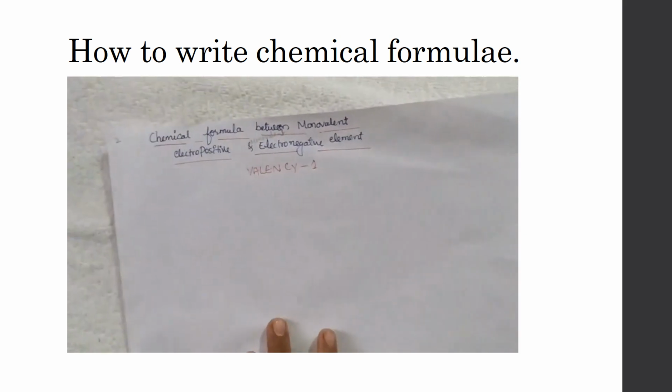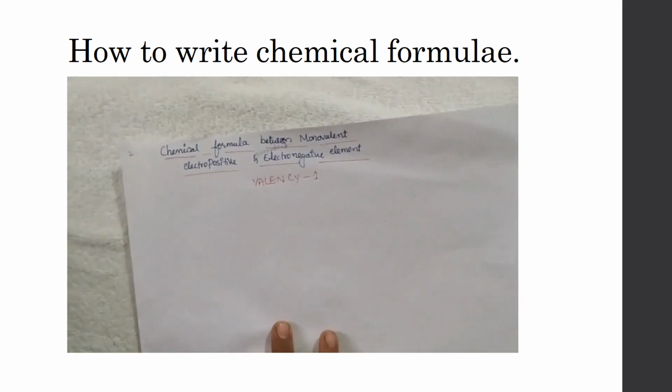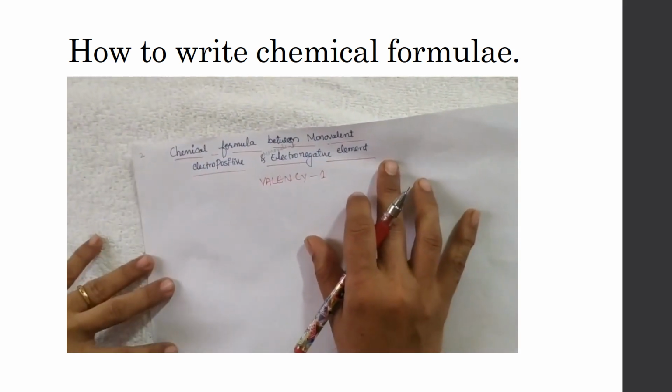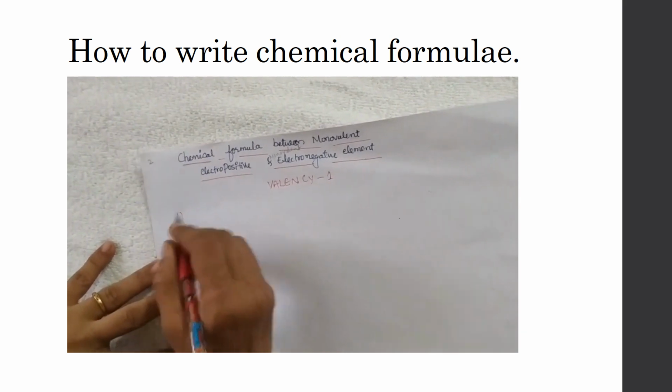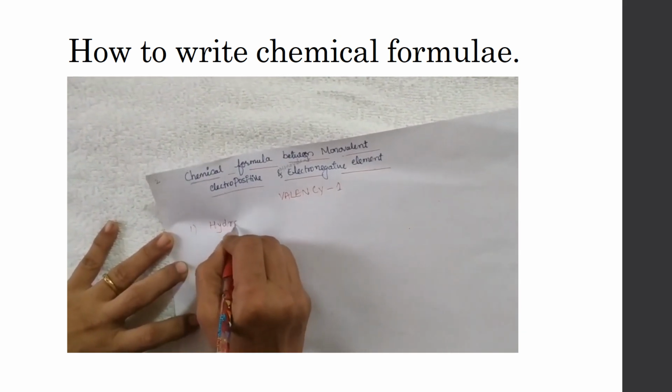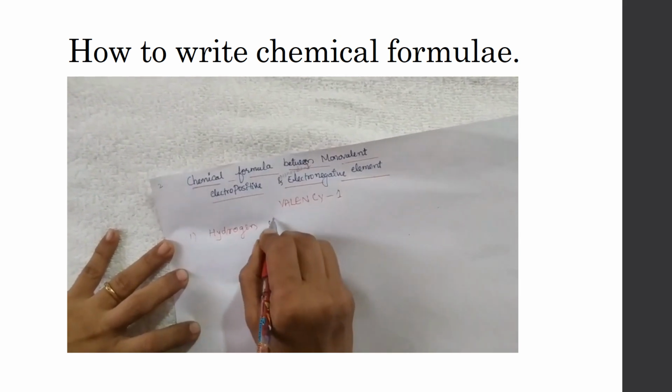Now we will write chemical formulae for monovalent electropositive and electronegative elements. First, we will take an example: hydrogen chloride.